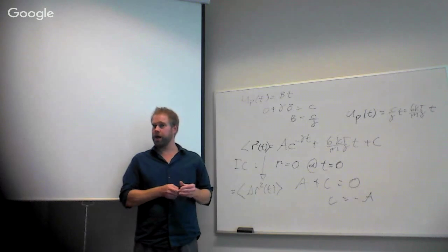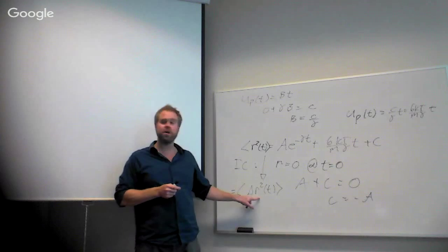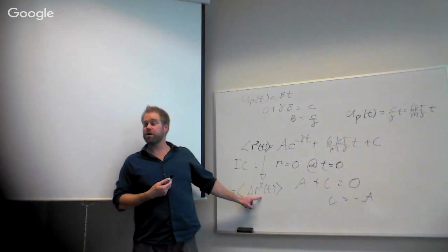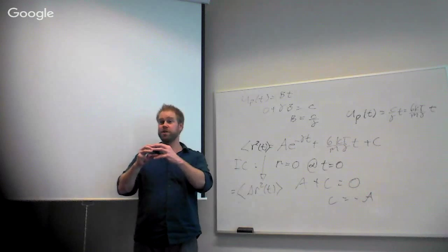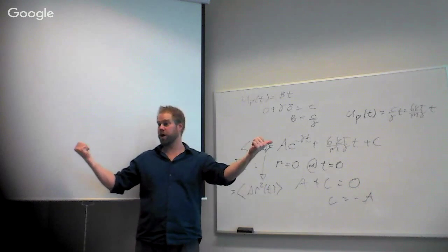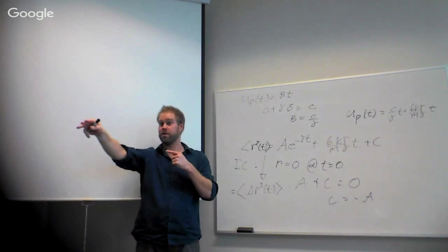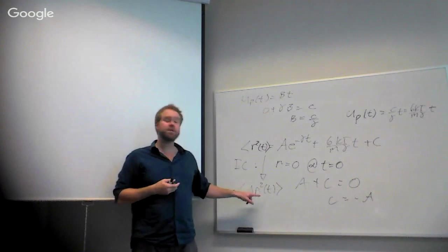Cool. And it's even deeper than that. We aren't calculating on average how far the particle goes, because on average, how far the particle goes, we'll see, is 0. If you have no bias in your system, you're just as likely to go left as you are to go right, as you are to go up, as you are to go down. But what is non-zero is that distance squared.